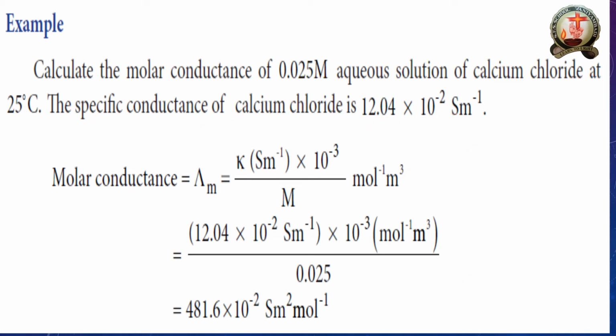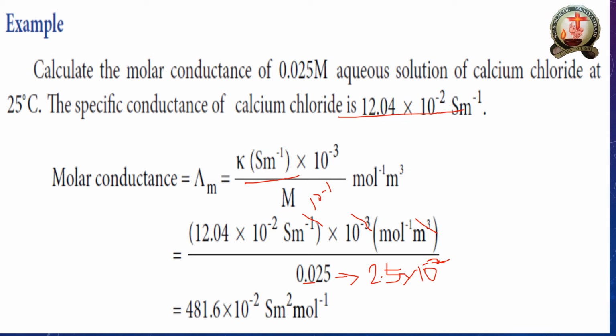The electrolyte solution values, they are simply substituted here. This meter gets cancelled. I remove this and can add 10 to the power minus 2, 2.5 into 10 to the power minus 2. This 2 and this 3 will be cancelled, and we get here 10 to the power minus 1.